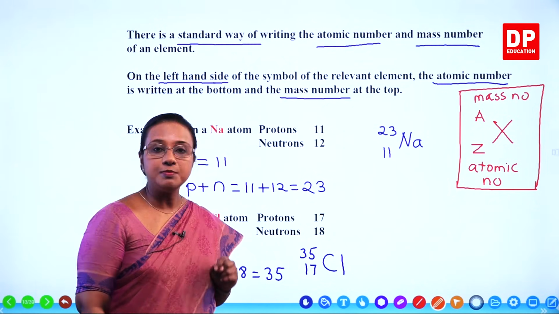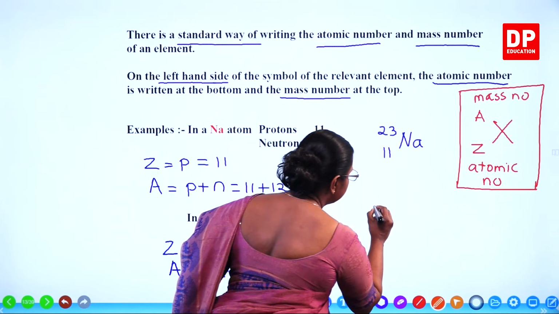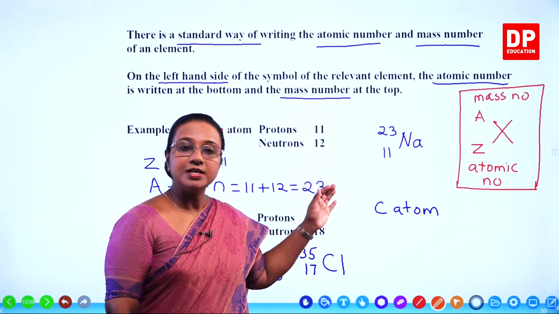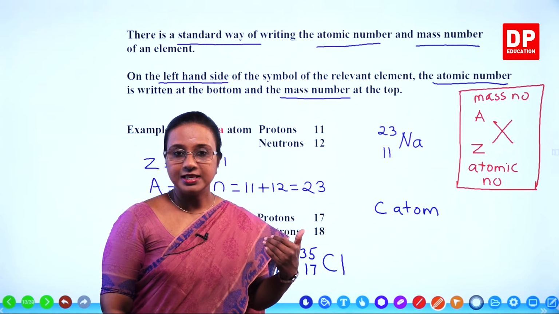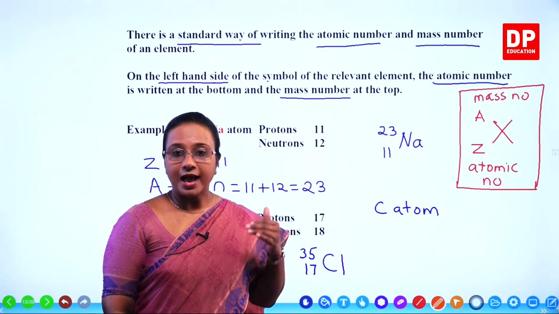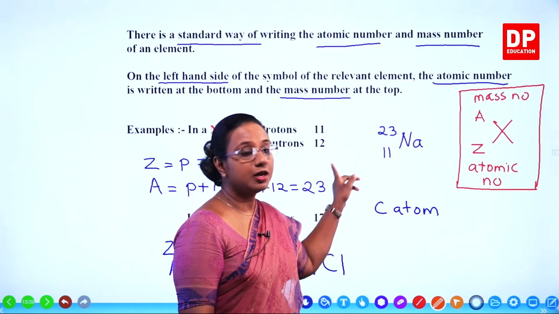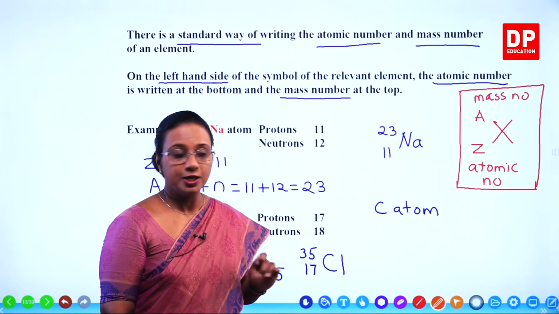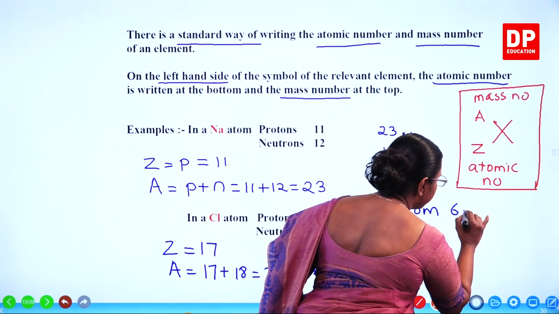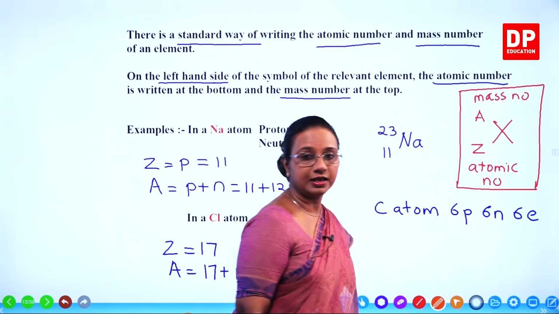We will look at one more example. We will take carbon, the element carbon, a carbon atom. Students, once we finish this lesson, you will see that you have to remember the first 20 elements, atomic numbers from 1 to 20. Then you will remember all these values easily. So for now, for a carbon atom, there are 6 protons, 6 neutrons and 6 electrons.